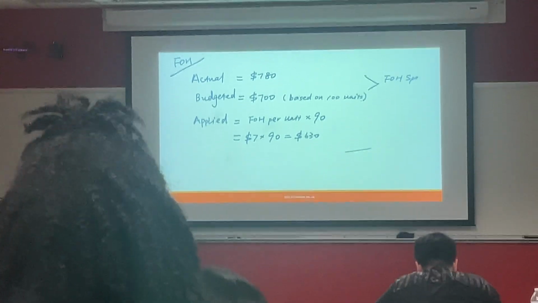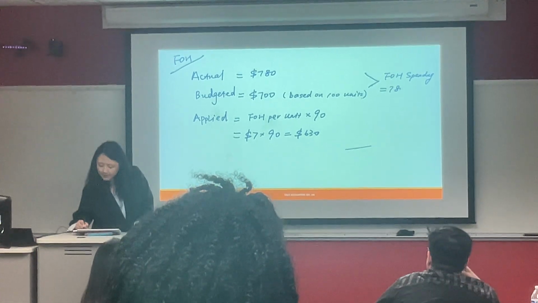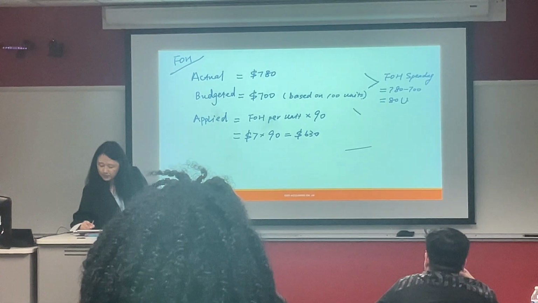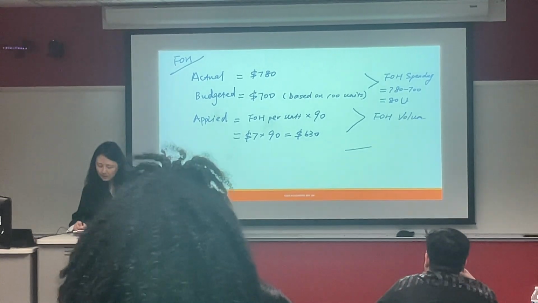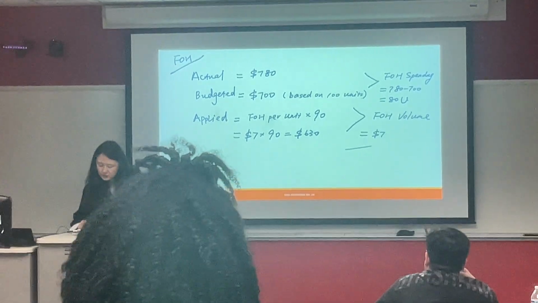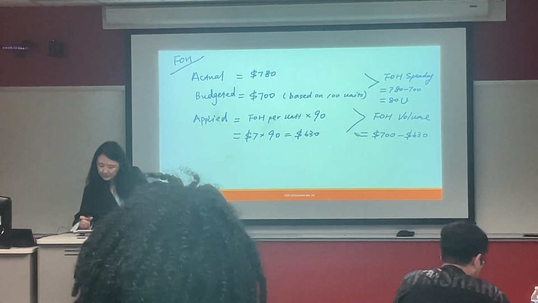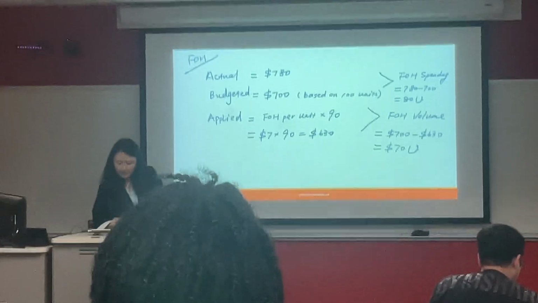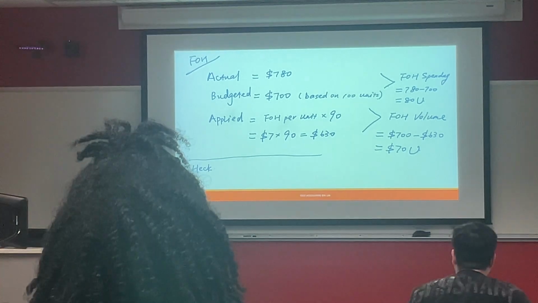This is the spending: 780 minus 700, that's 80, unfavorable. And the volume, it's 700 minus 630, is 70, unfavorable.